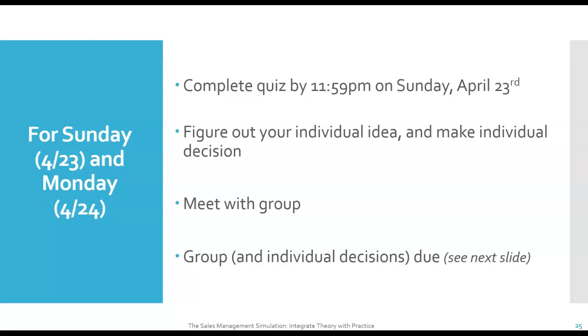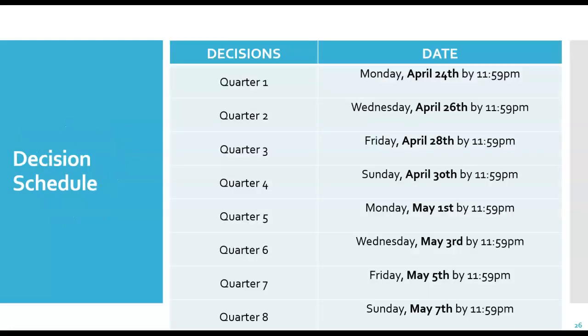So the order should go: you make your individual decision, then your group meets. So everyone in the group makes the individual decision, then y'all meet, discuss it, make your group decision. This is the schedule. And then I'll also post on D2L the groups.